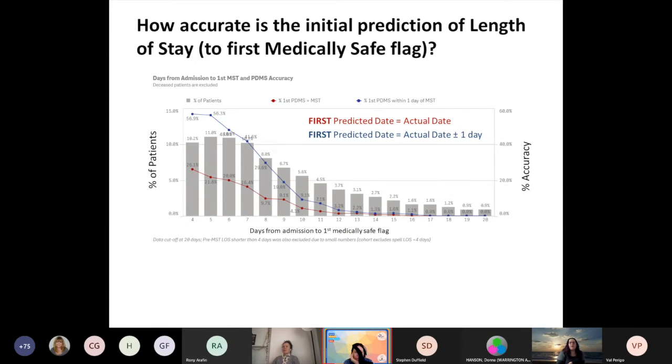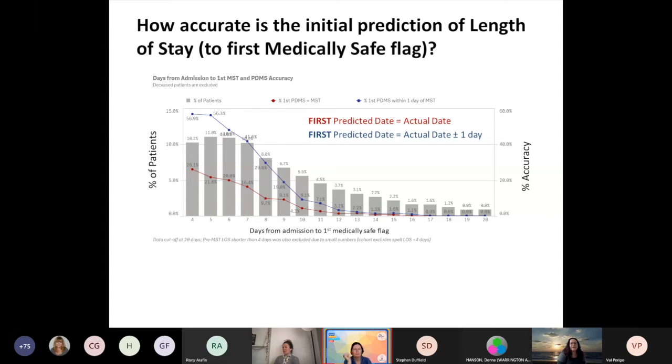So how accurate is the initial prediction of length of stay? The x-axis here is the days from admission to the first time the patient is flagged as medically safe, so ready to leave hospital. And we can see that for the first prediction, only about a quarter would be correct for 4 days and onwards.